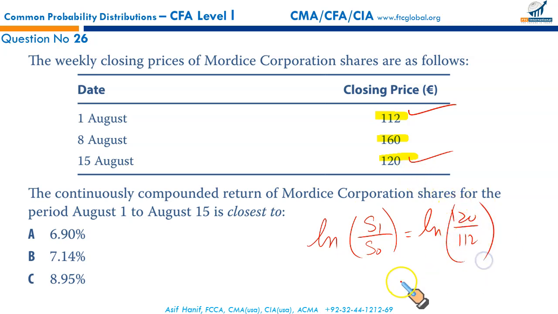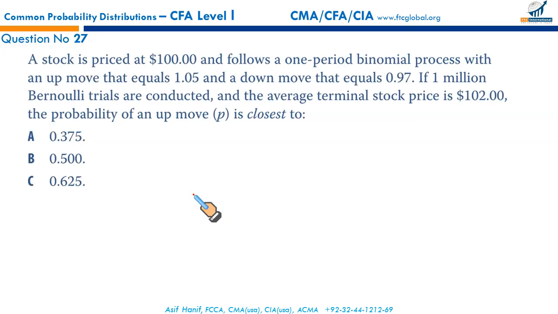It's a fairly straightforward thing to do, and if I do it on my calculator, ln of 120 upon 112, it gives me 0.06899, which clearly tells me 6.899% or 6.9, perfectly A. Straightforward, no twist whatsoever.